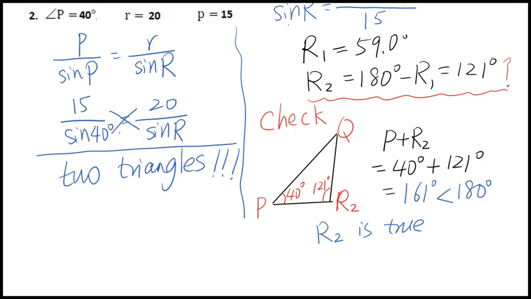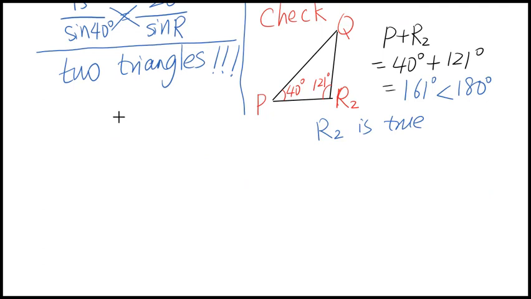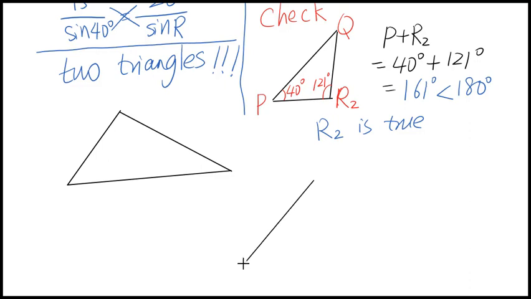Let me show you how to draw those two triangles. First one is the acute angle for R. So I will draw this. Make the horizontal line longer. Then connect. If you want to draw the obtuse angle, draw like this. Then this horizontal line is shorter. Then connect.